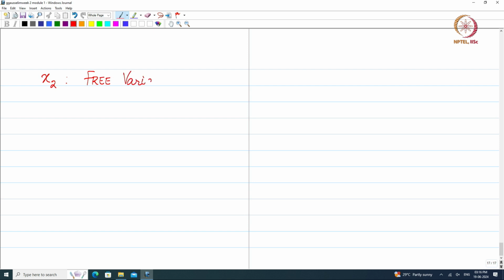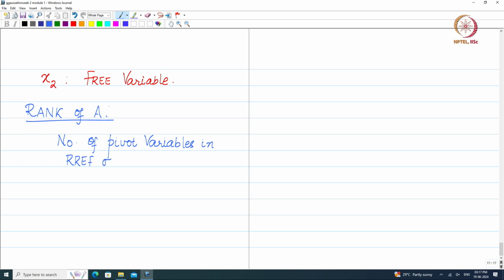The number of pivot variables is equal to the number of non-zero rows in the RREF of A, that is equal to the rank of the matrix A. In example 2, rank of A is 2. In example 3, rank of A is 3.